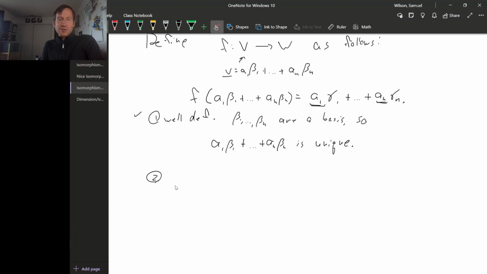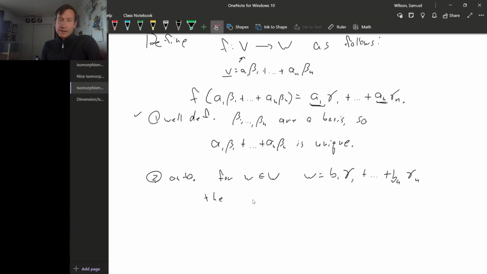Next, we need to show that it is onto. Well, it's clearly onto because for a vector w in capital W, we can write w as a linear combination of basis elements in W, our basis elements gamma, so b1 gamma 1 plus dot dot dot down to bn gamma n.